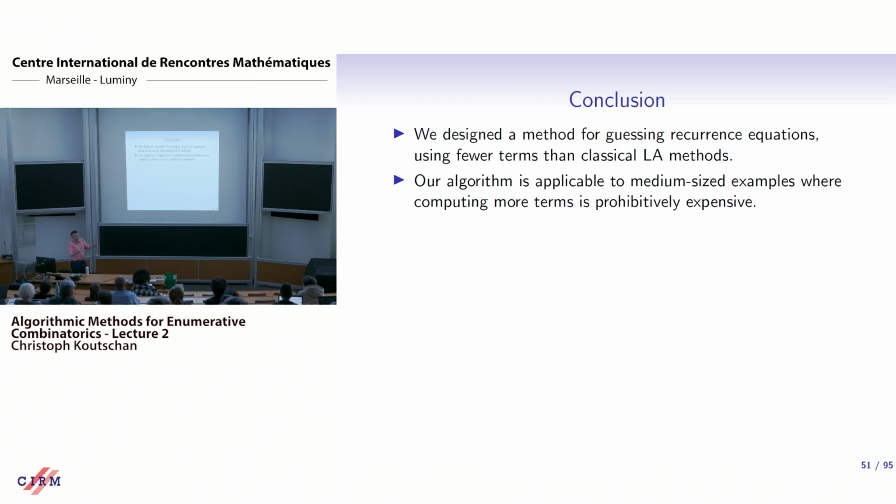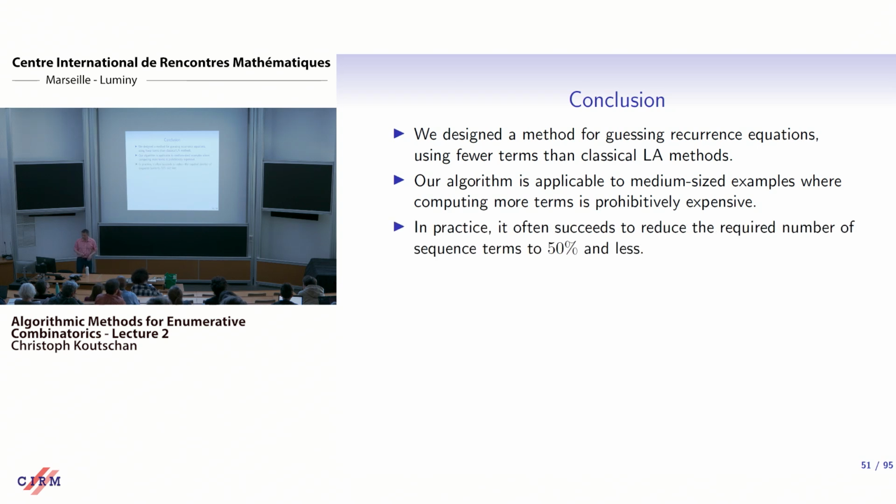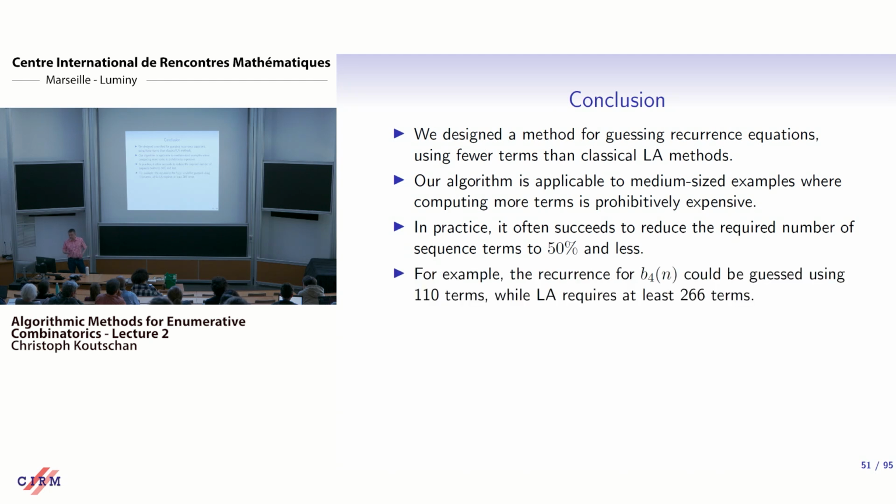But let's say you have a sequence for which it takes exponential time to compute the next term, and you have 50 terms, and somehow you would need 100 terms, but this is completely out of reach. Then you're maybe willing to spend an hour on this program to get the recurrence instead of trying to compute more terms. This is what I said, we can reduce to 50% or sometimes even less.